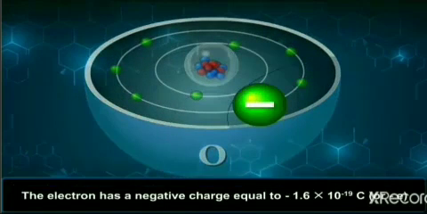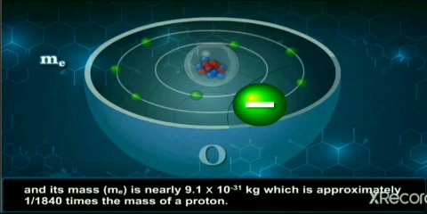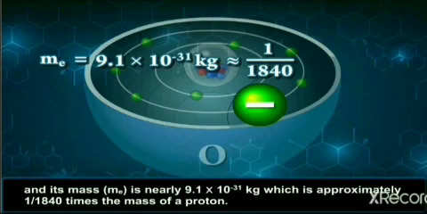The electron has a negative charge equal to -1.6 × 10^-19 coulomb, or -e, and its mass, Me, is nearly 9.1 × 10^-31 kg, which is approximately 1/1840 times the mass of a nucleon.